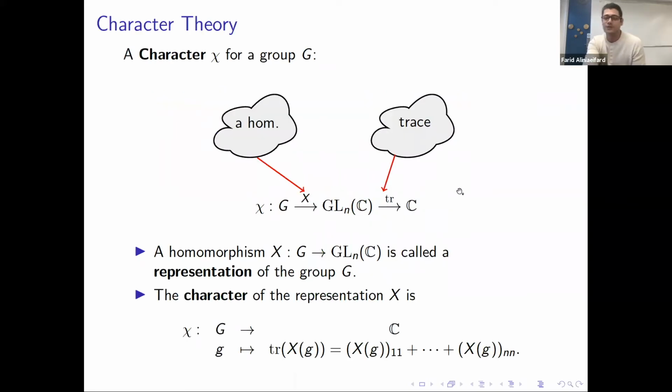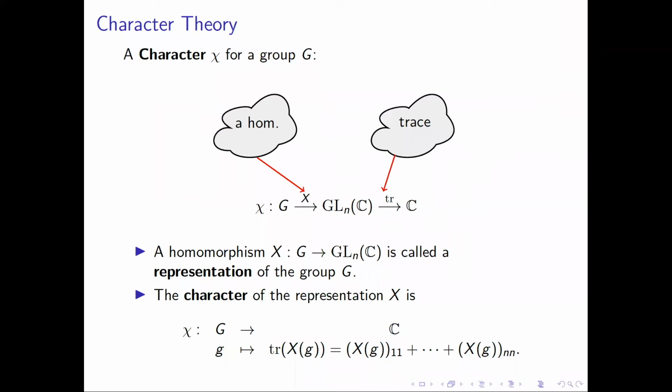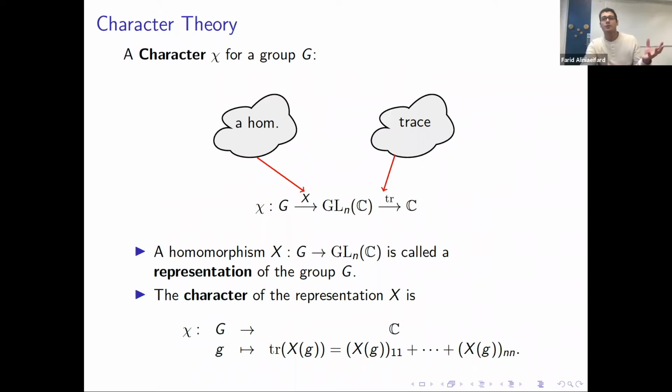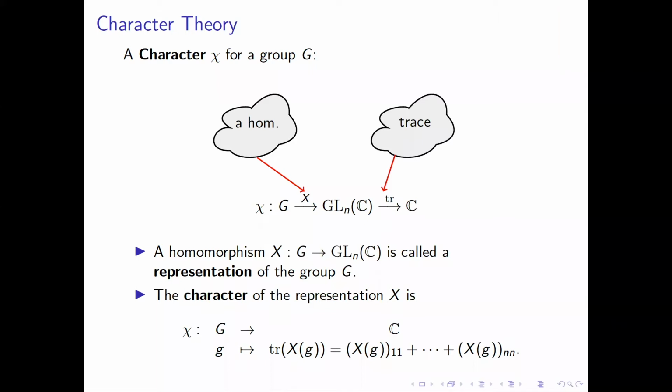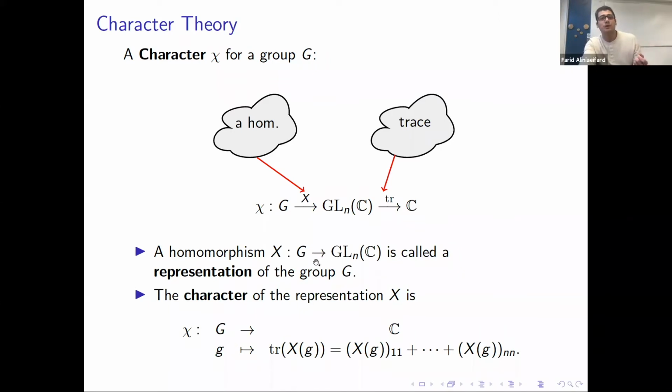Okay, so first, we should know what is a character. A character is a composition of a homomorphism and a trace of some matrices. A representation is a group homomorphism from a group to the general linear group, the set of all invertible n by n matrices.